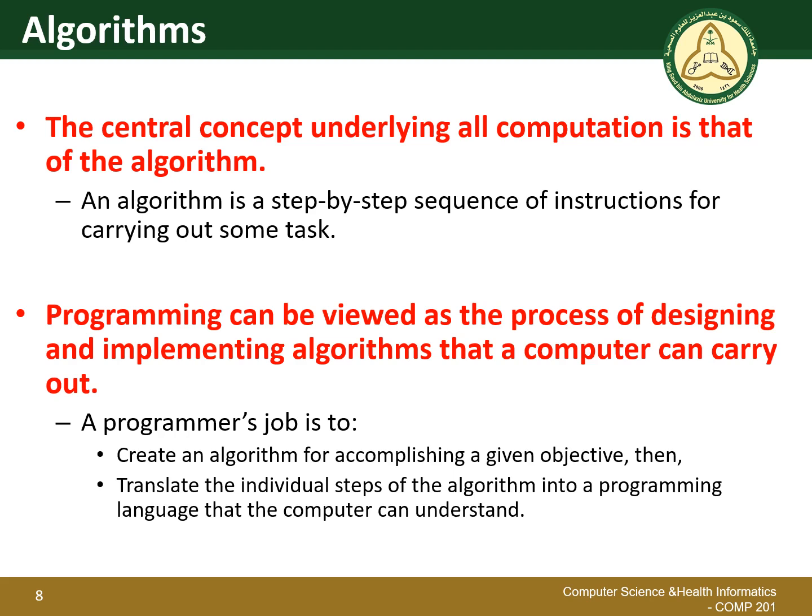So the programming process is the process of implementing an algorithm or implementing algorithms. The programmer usually will create an algorithm to solve a problem by creating the flowchart and the pseudocode. Then translate this code into programming language, usually high-level programming language that can be translated into zeros and ones, a form that the computer can understand.